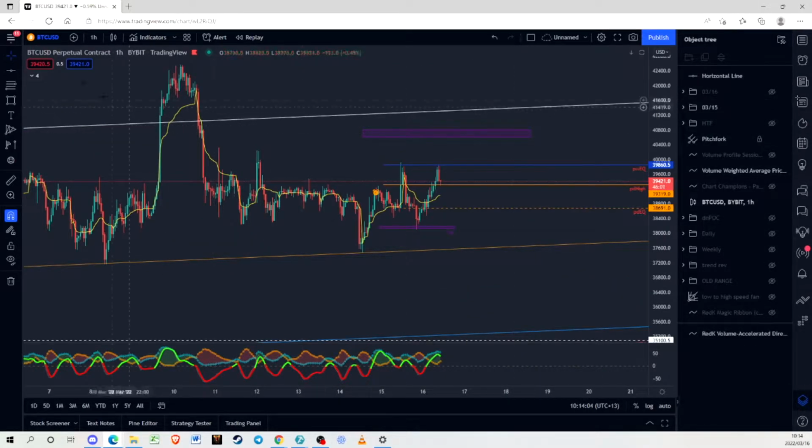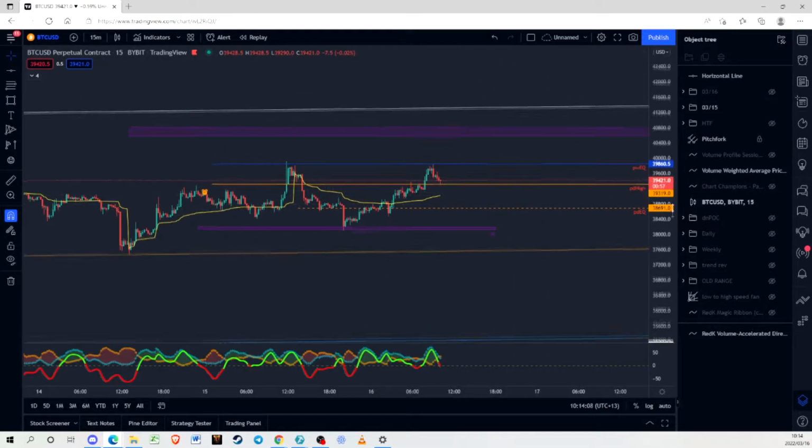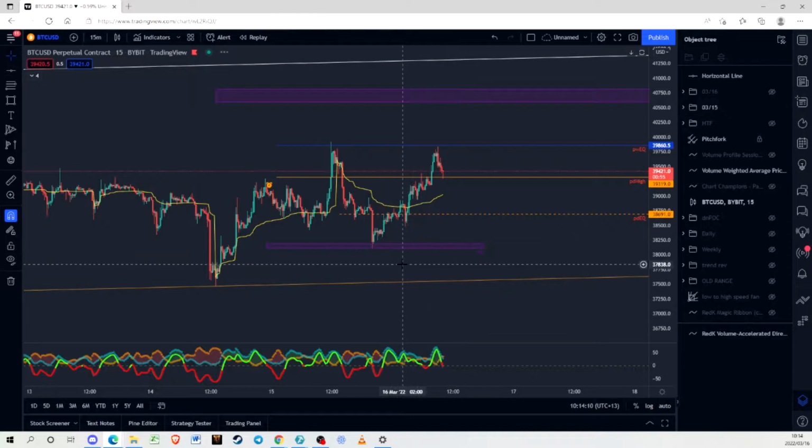Jumping into yesterday's price action, I'll just go down onto 15 minutes, that's fine. So in the morning, I simply identified a couple of key levels. As price was making its way, consolidating just above the VWAP here, starting to make its way up, I identified the current uptrend.